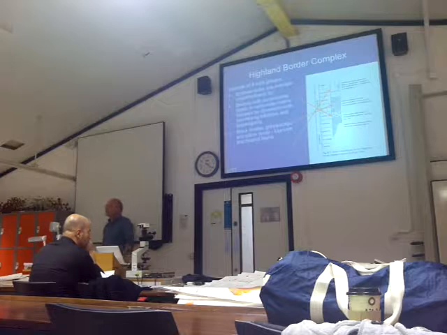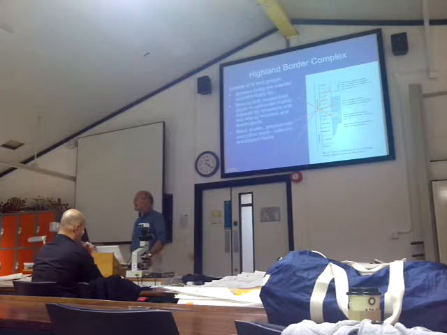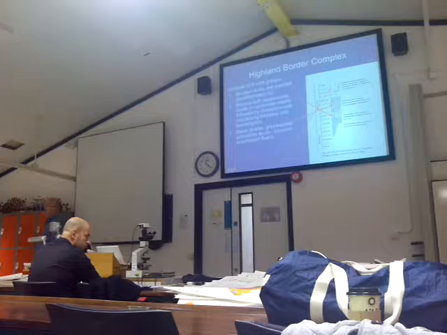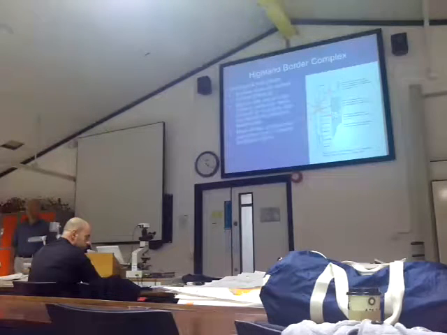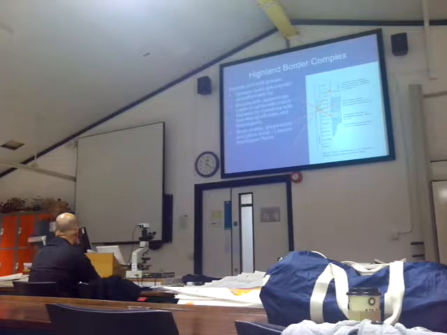There are then black shales, greywackes, and more pillow lavas, and these contain brachiopods that give a Llanvirn age. That's younger than the Grampian orogeny, if the Grampian orogeny is at the Llanvirn boundary.